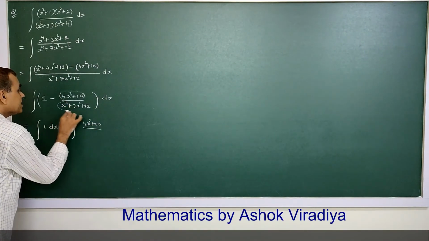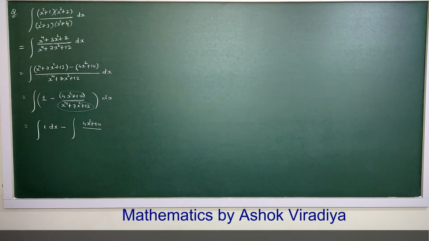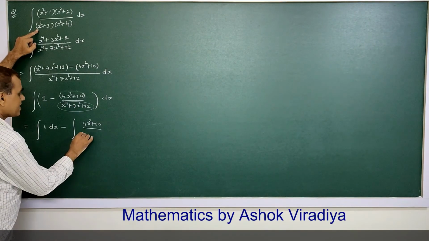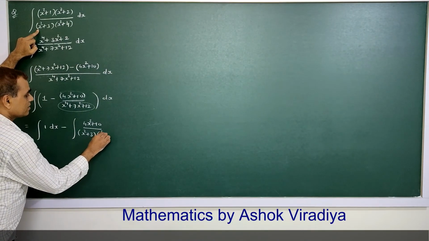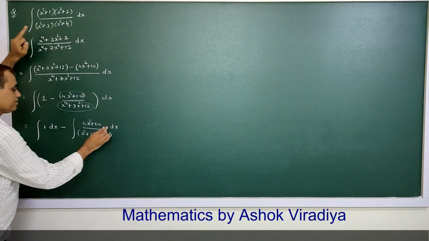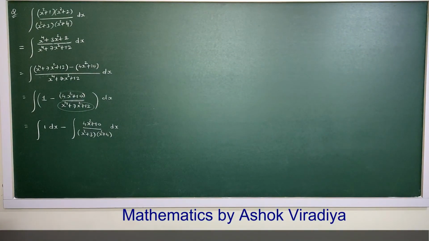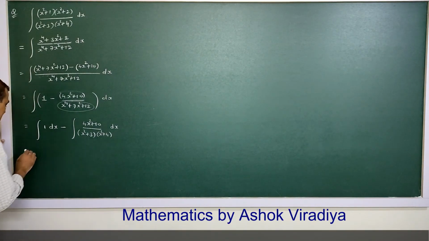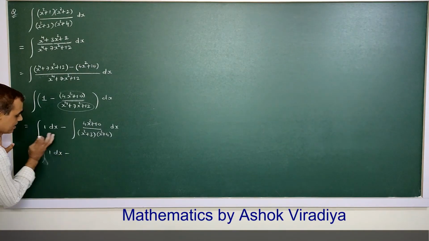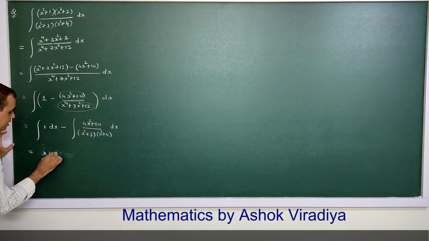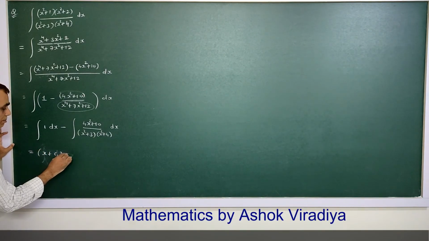Again I am putting this in factorized form. Its factorized form was (x^2 + 3)(x^2 + 4). So it was its factorized form. Now this is the integral of 1 dx minus, let me keep here x plus c1 minus.